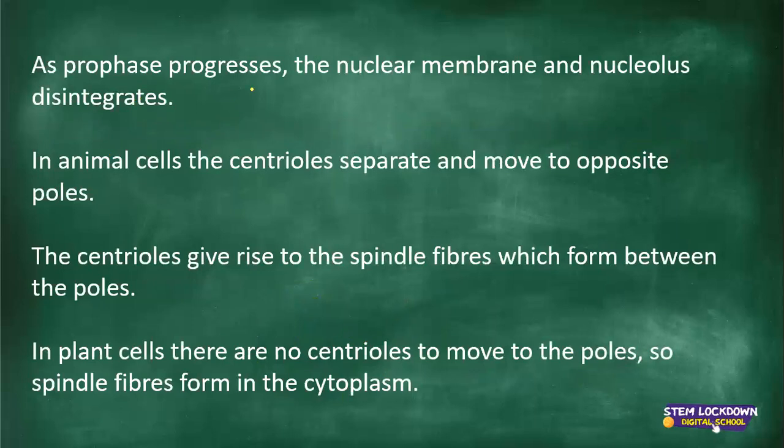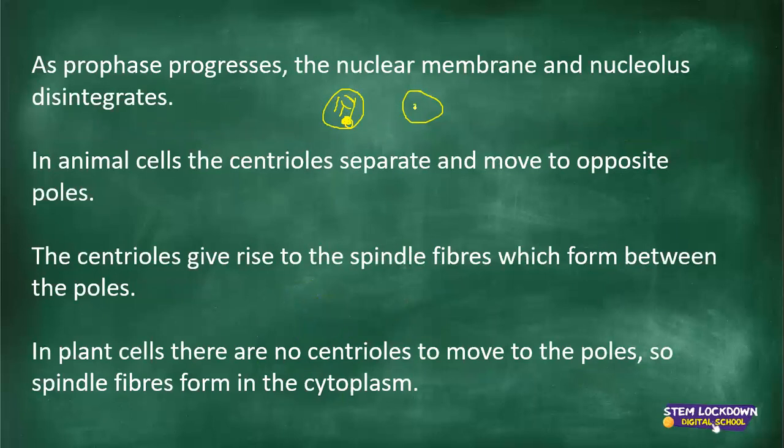As prophase progresses, the nuclear membrane and nucleolus disintegrate. So remember again, you have your cell, your nucleus. I'm just drawing the nucleus here. This is your nucleolus. These are your chromatins, right? And then what happens?